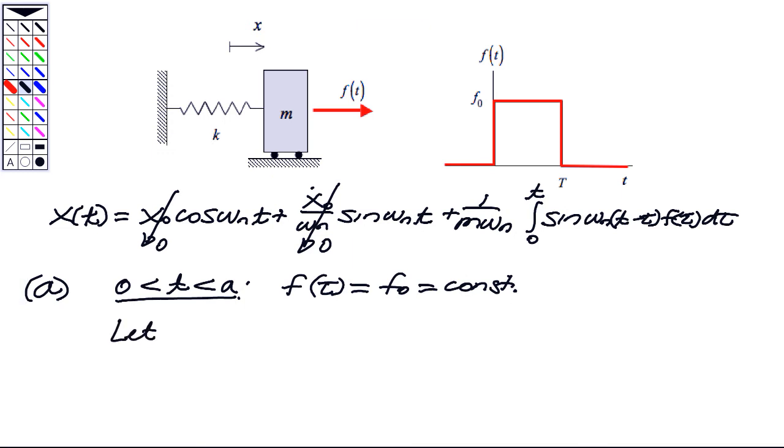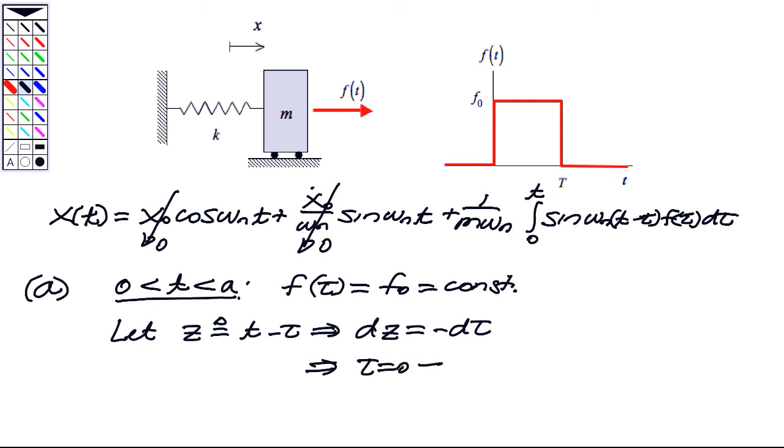I'm going to let z be defined as the difference t minus tau, so therefore the integration over tau is the minus of the integration over z. This also says that the lower limit on the tau integration, when tau is equal to 0, says that z is going to be equal to t, and the upper limit of integration, when tau is equal to t, says that z is equal to 0.